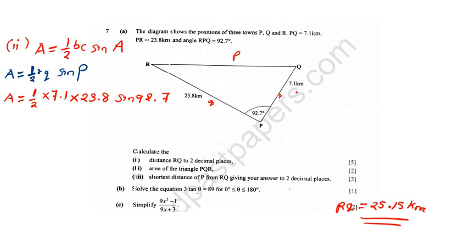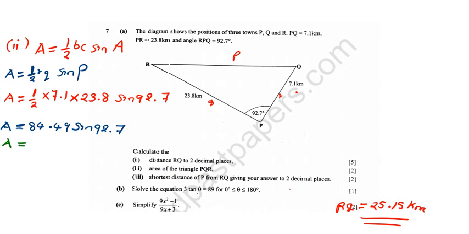So I can multiply 1 over 2 times 7.1 times 23.8. For now, let me multiply those. I'm getting 84.49, so area is equal to 84.49 sin 92.7.